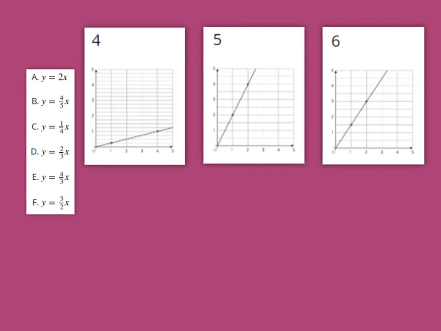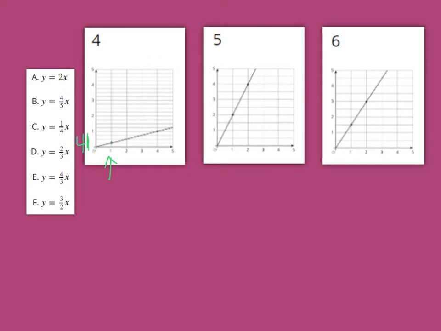Okay, next one, we're on to number 4. Again, same thing that we've been doing. This is our 4th graph, and we're going to look directly at where the 1 on the x-axis hits. It's right there. You see how many spaces there are between 0 and 1.